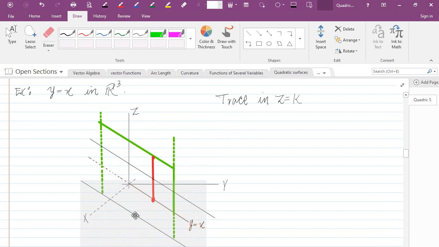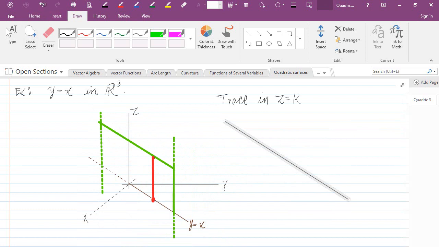When k is negative, you also get a straight line that is a copy of the line y is equal to x. So traces in planes z equals k are just copies of this same line. I hope you understand why the graph of this equation is this plane.